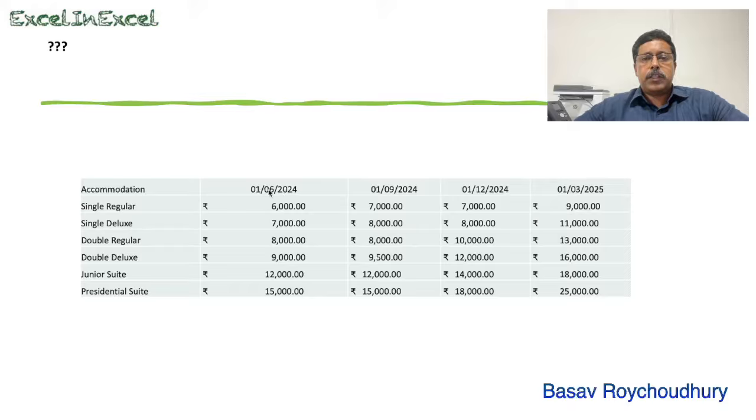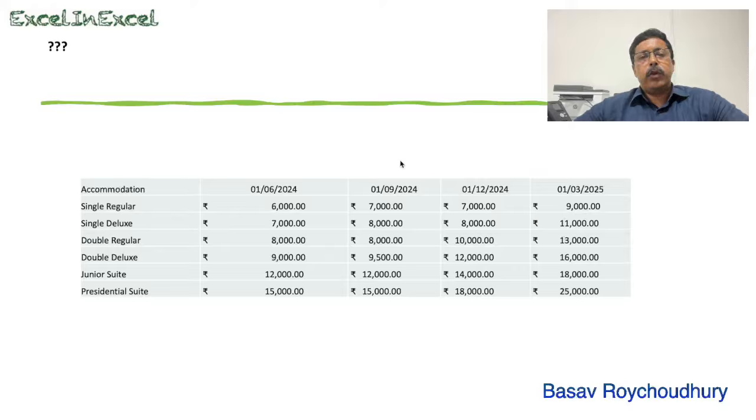Between 1st June till end of August, say a single regular costs me 6,000. Between 1st of September up to end of November, the same room costs me 7,000. Between 1st of December and till 1st of March, let's say it costs me 7,000, and from 1st of March and beyond, it costs me 9,000.